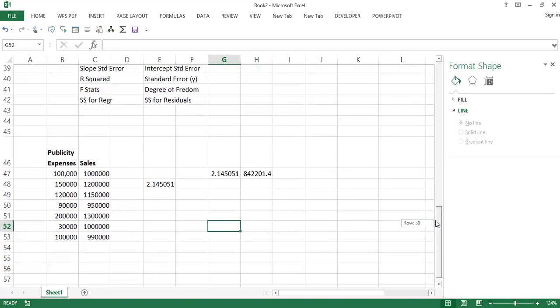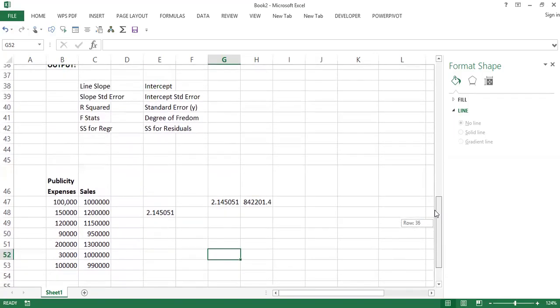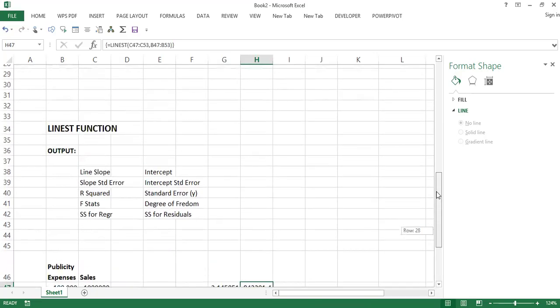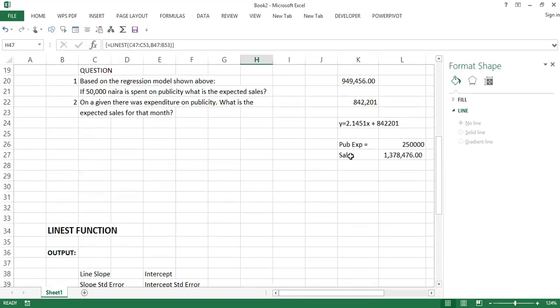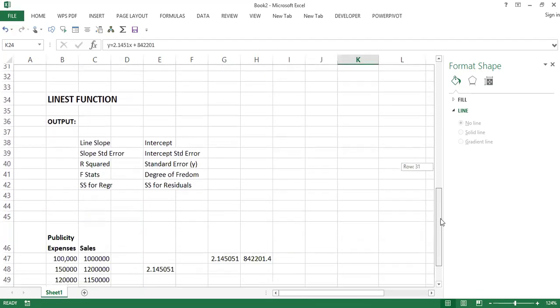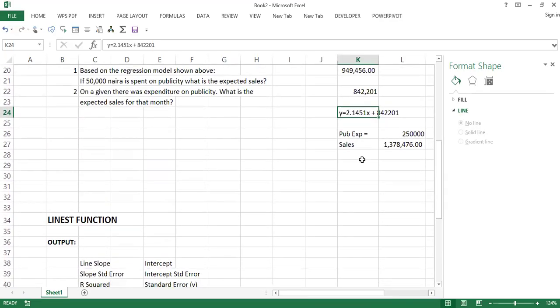Let's compare this. What do I mean by slope and intercept? It's giving me this value, the coefficient of x, and this one.